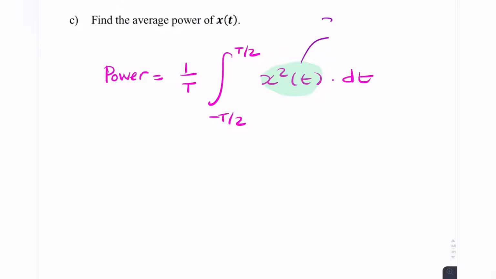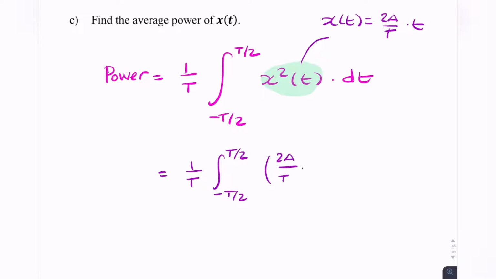We said x of t is simply 2a over T times t. So the integration will be 1 over T, the integration from minus T over 2 to T over 2, 2a over T times t squared dt.